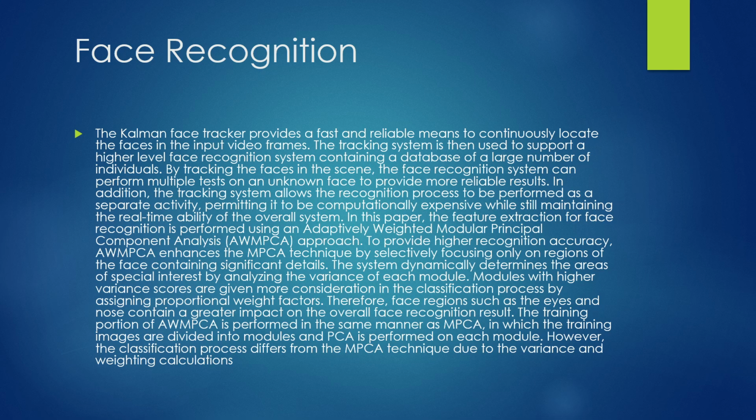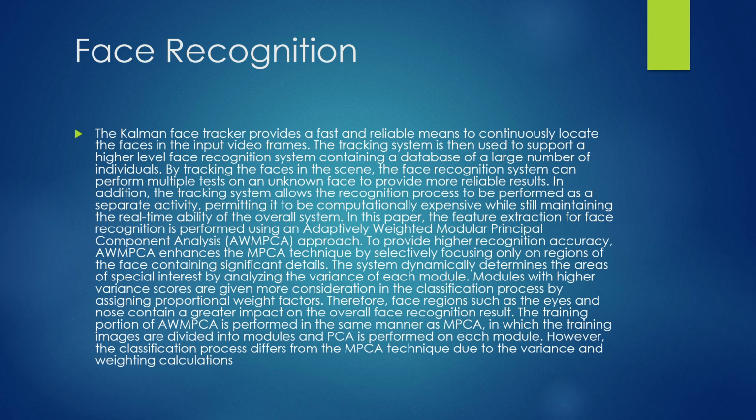By tracking the faces in the scene, the face recognition system can perform multiple tests on an unknown face to provide more reliable results in a separate activity, permitting it to be computationally expensive while still maintaining the real-time ability of the overall system. In this paper, the feature extraction for face recognition is performed using an adaptively weighted modular principal component analysis.